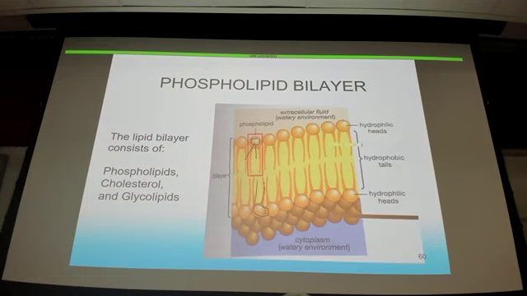We'll spend a little more time on this on the next slide. The heads are facing the inside of the cell or the outside of the cell, and the tails are facing towards each other within the bilayer. That's why it's called a bilayer. You have these phospholipids on each side. You also have cholesterol and glycolipids there.